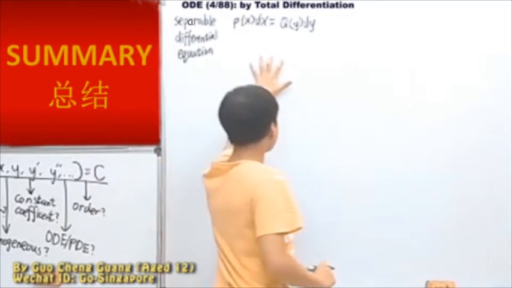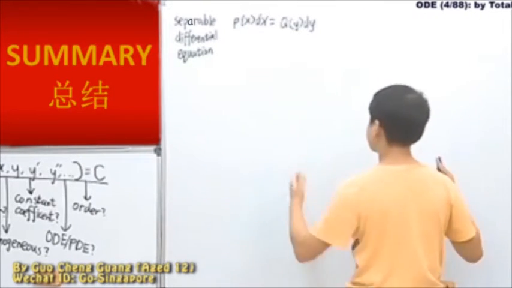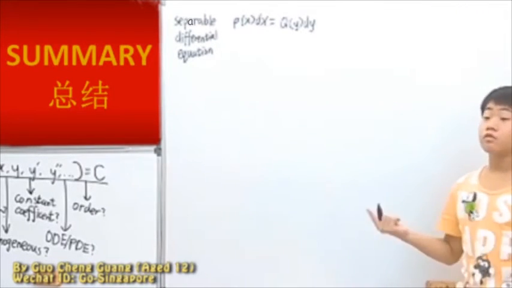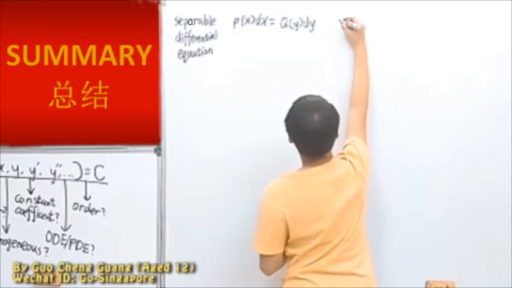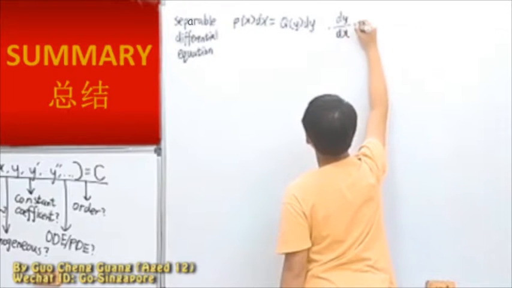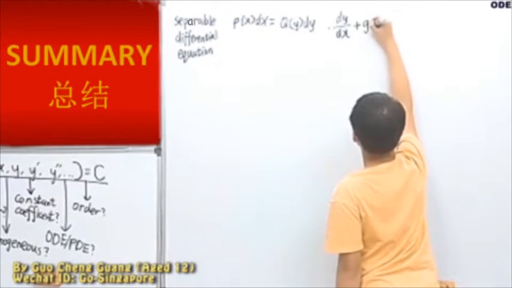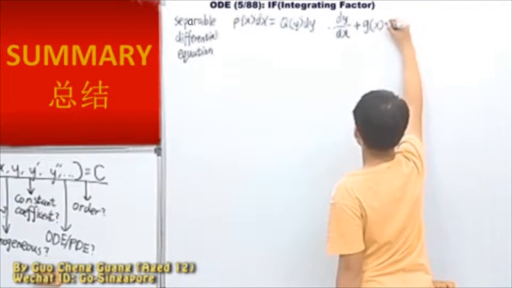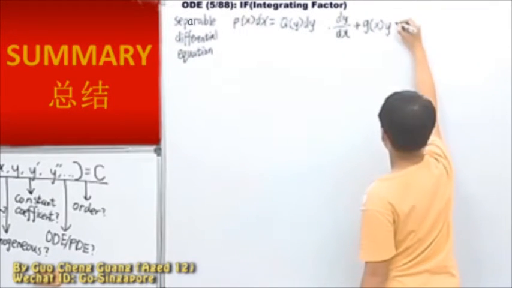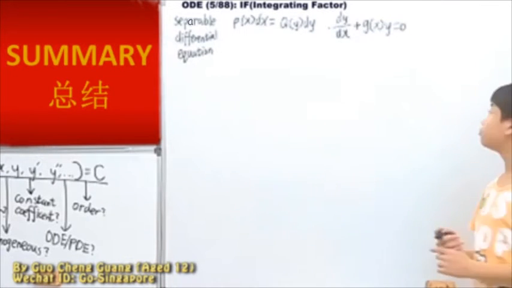For these separable differential equations, we can also give some examples, like dy/dx plus g(x)y is equal to 0.